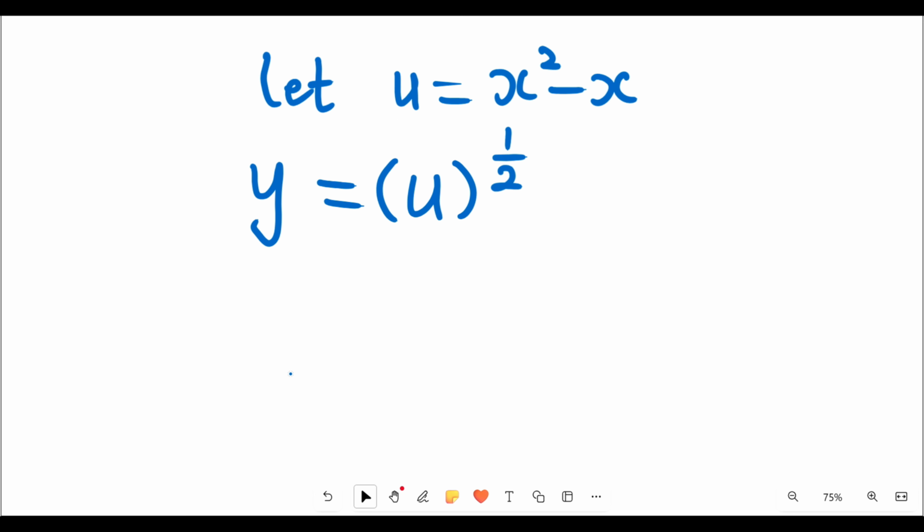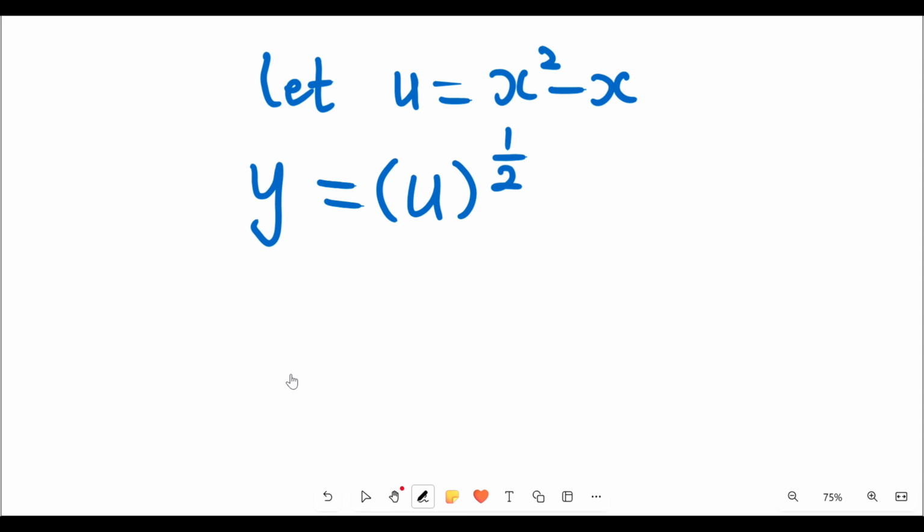So we can now differentiate our function y in terms of u. We have two functions, a function u in terms of x and another function y in terms of u. So we are going to differentiate the two functions.